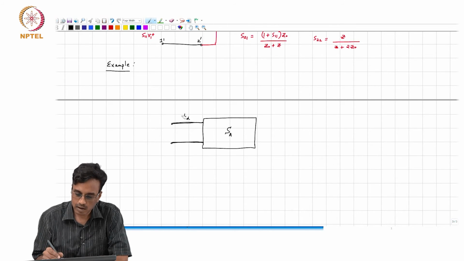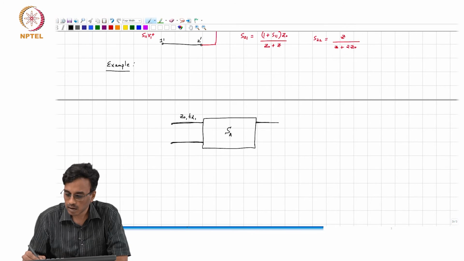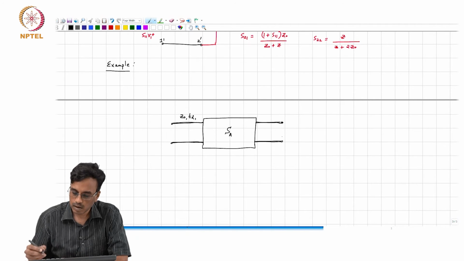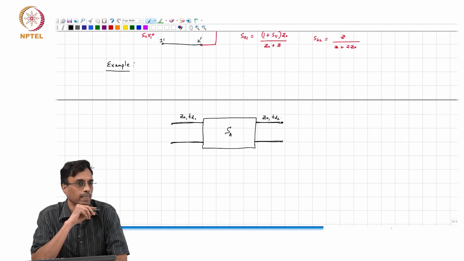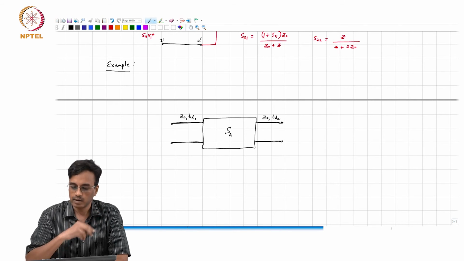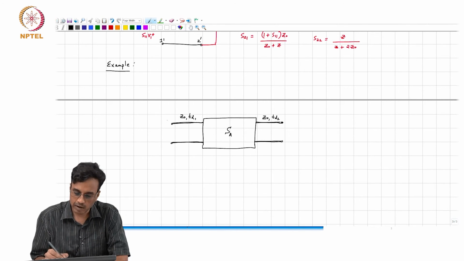transmission line. So, this is Z naught TD1, this is Z naught TD2, all right. So, what are the S parameters of this new animal?